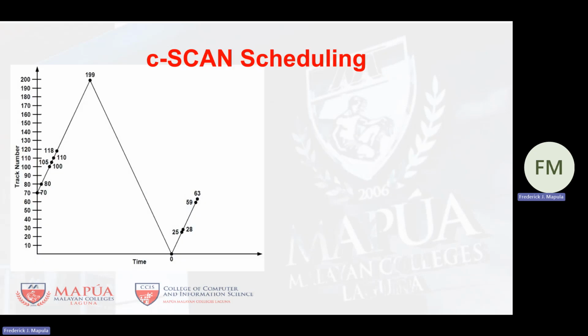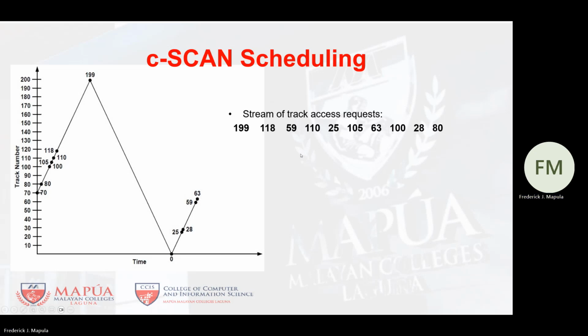Okay? This is the sample. Again, this is still our access request: 199, 118, 59, 50, 110, 25, 105, 63, 100, 28, and also 80. Treat this as if it were circular with the last track adjacent to the first one.